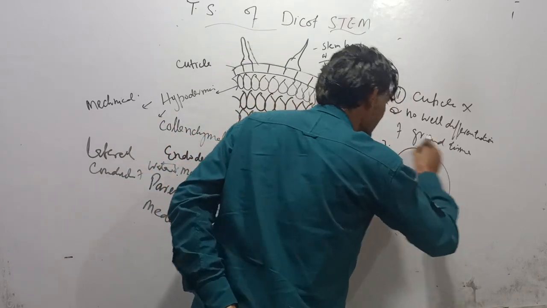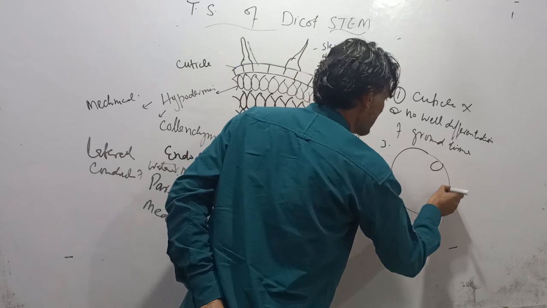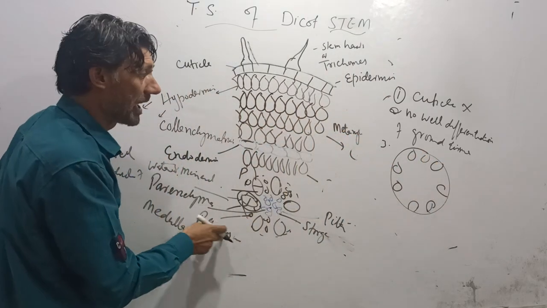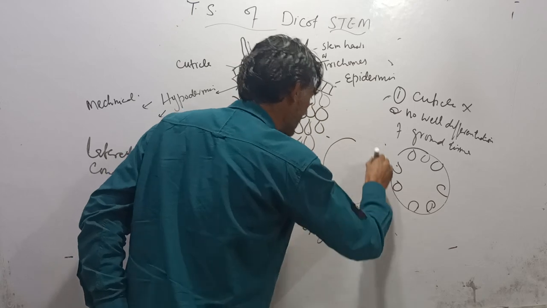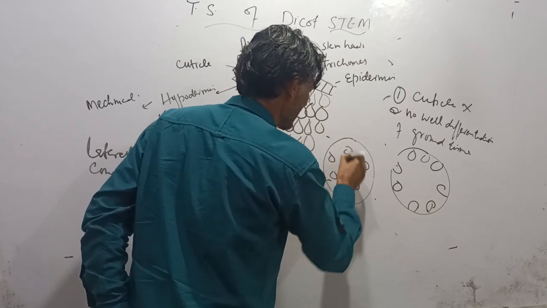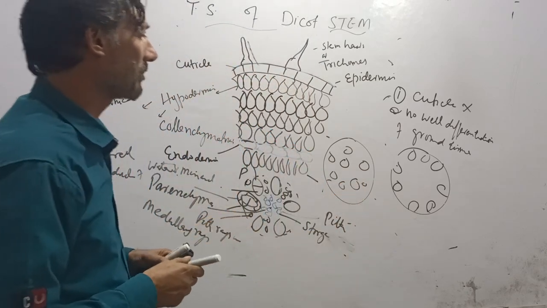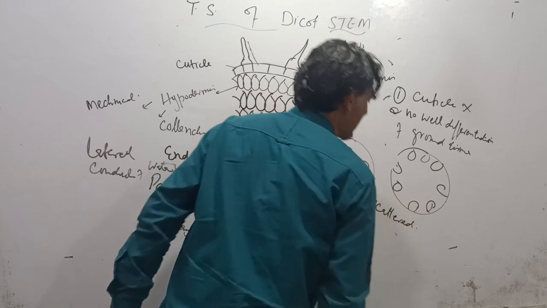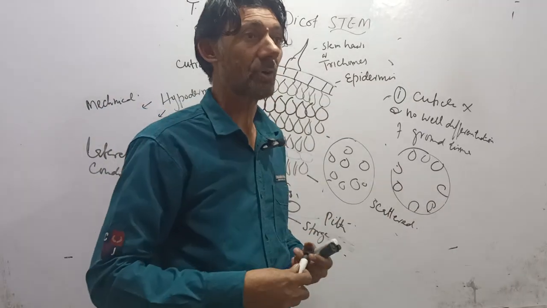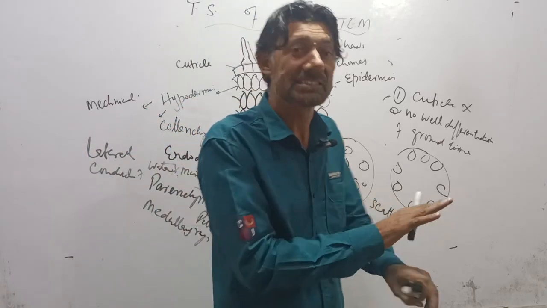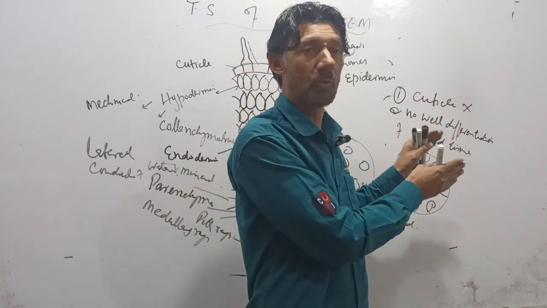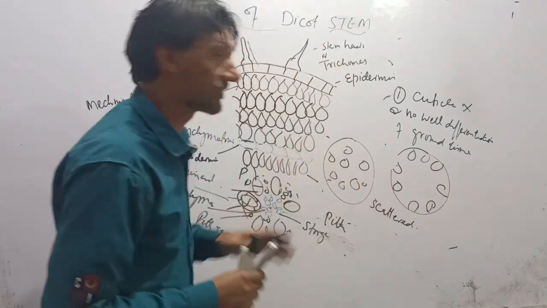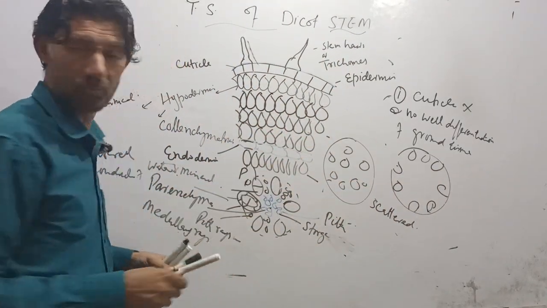In a stem TS, the dicot shows a ring formation, whereas in the monocot the vascular bundles are scattered in the ground tissue.